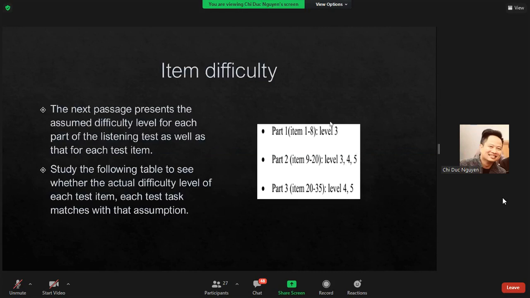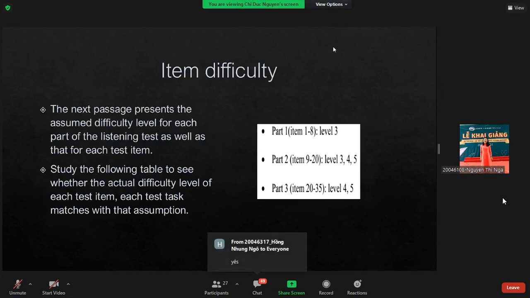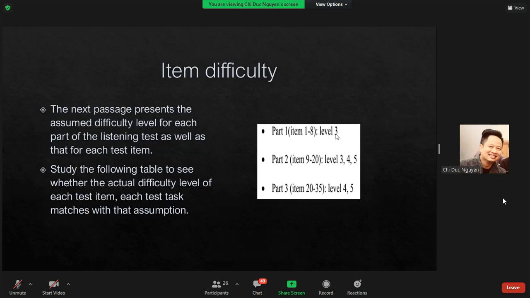Have you seen the slide over here? Yes. Okay. So this listening test is to measure the student's listening ability on the V-step test. And we are going to measure 3 levels, 3, 4, and 5.